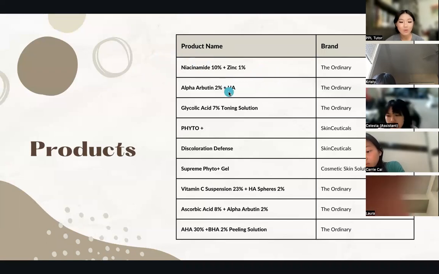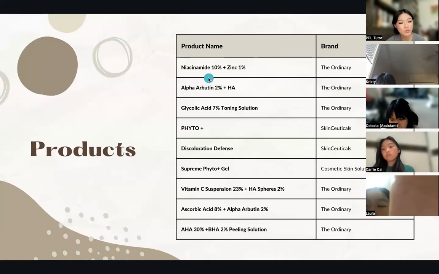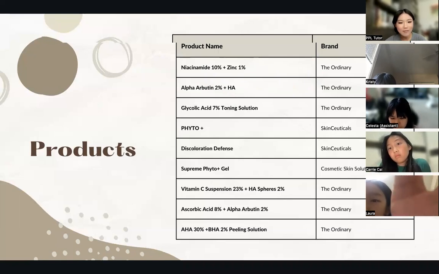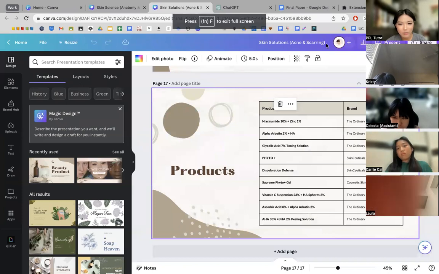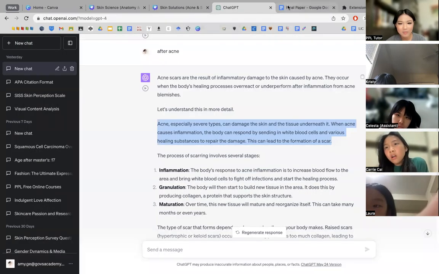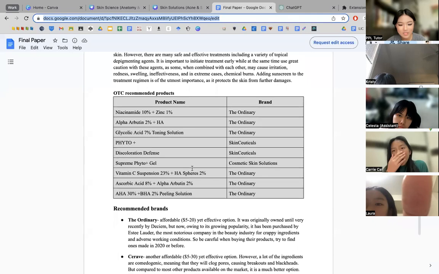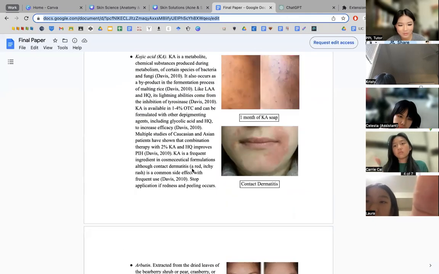And then the alpha arbutin 2% plus hyaluronic acid, also by The Ordinary. Alpha arbutin is a very powerful skin lightening agent, especially if you are consistent with the application. For example, when I was in 9th grade, I wrote this paper about all of these ingredients.